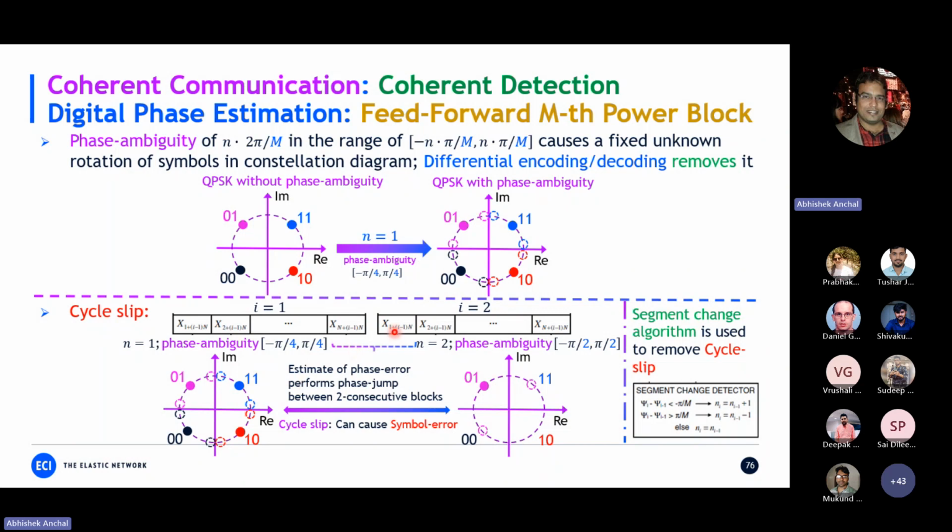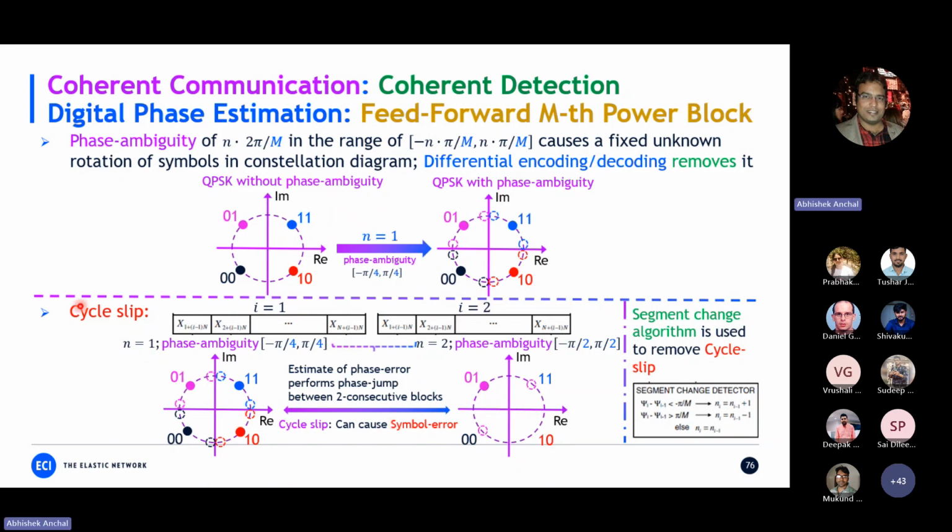This varying of the phase, because of a change in the segmentation or change in the segment of the sample we select, causes the cycle slip. And because of the cycle slip, the phase which was in the same quadrant might go to another quadrant. Let's say the phase was here, it goes to this quadrant, we completely lose it. We have a bit error, so a symbol error, as you can see here.